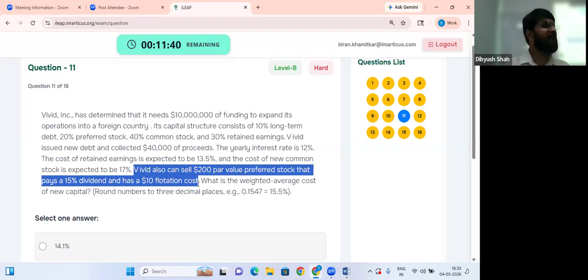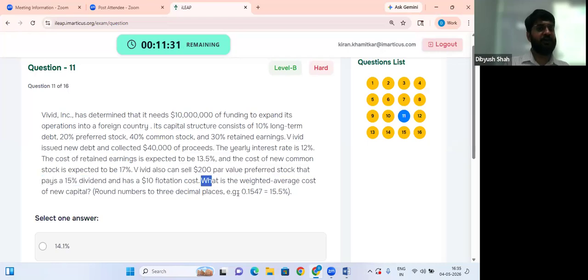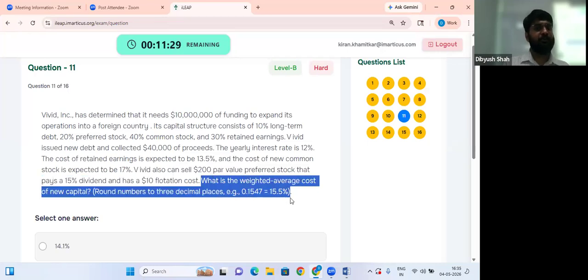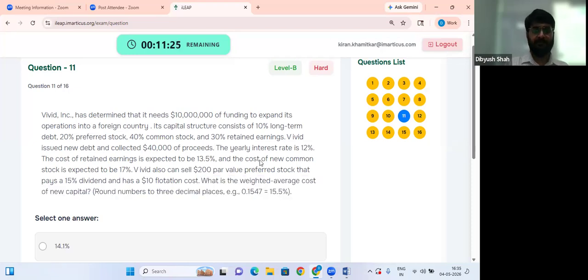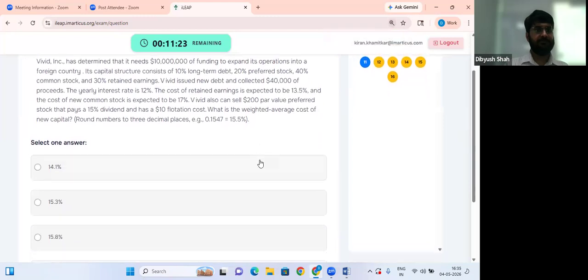This is the only thing you will have to calculate, KP, dividend amount divided by net issue proceeds. And see, they are asking what is the weighted average cost of capital. They are asking you to round it off to 3 decimal places. Clear? Homework. Most of these questions are pretty simple.